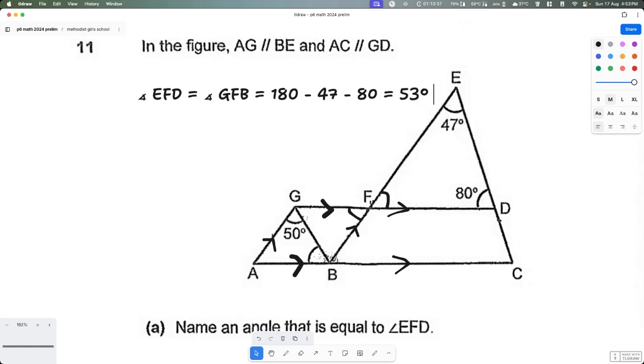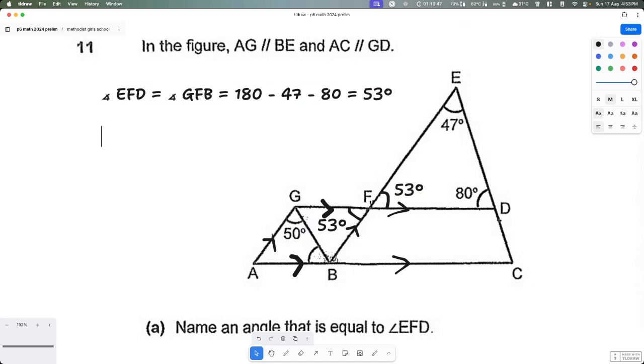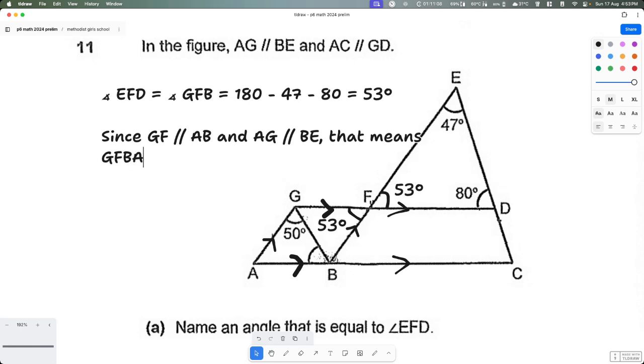53 degrees. Okay, so over here we have 53 degrees, and we have 53 degrees over here. Since GF is parallel to AB and AG is parallel to BE, that means GFBA is a parallelogram.